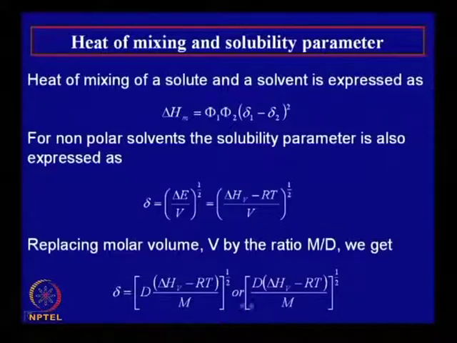Simple derivation, we get this relation. Okay, where d is the density, m is the molecular weight, and delta H v is the heat of vaporization, R is the gas constant, T is the temperature in Kelvin, and m is the molecular weight of the repeat unit of the polymer.